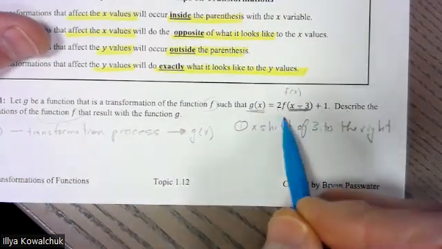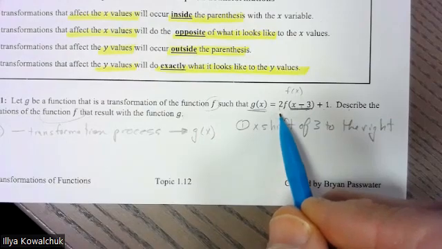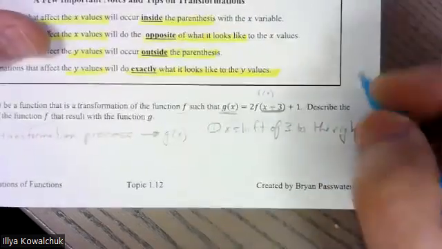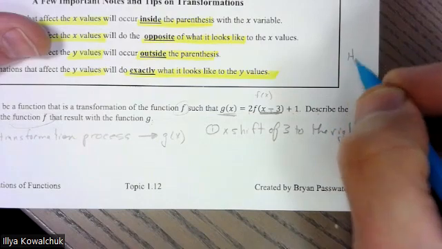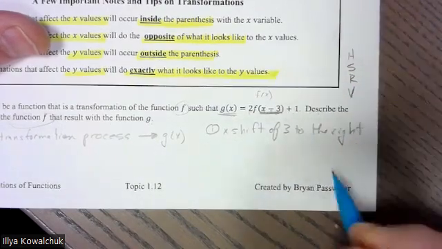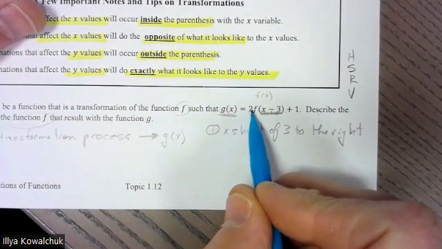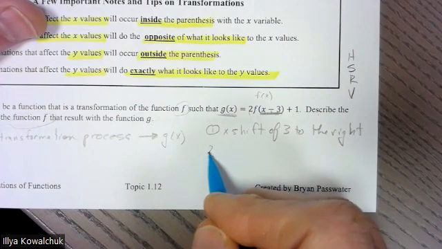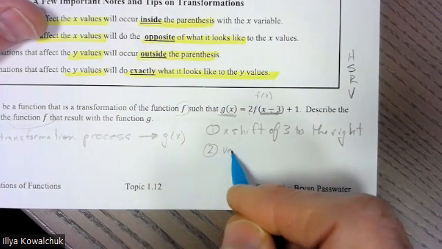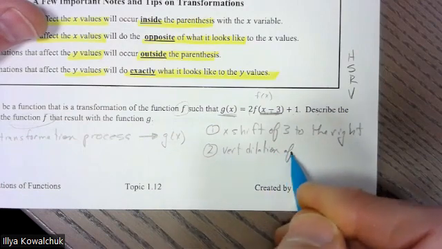All right, what else do I notice? Well, if I think about this in order, right? Remember H, horizontal, S, stretch, R, reflection, V, vertical shift. So I have a vertical stretch of 2. So I have a vertical dilation of 2.